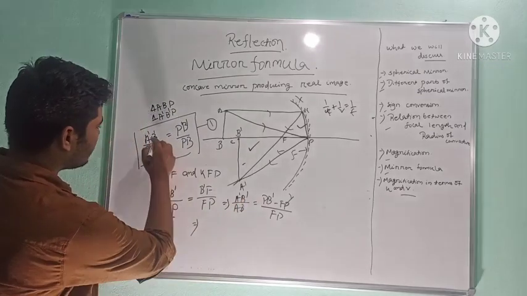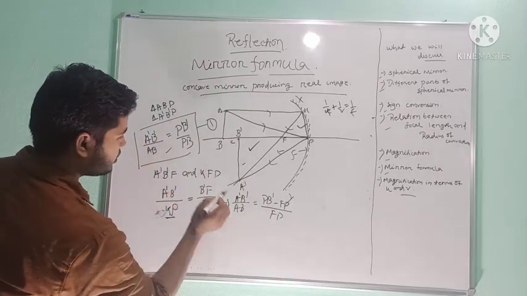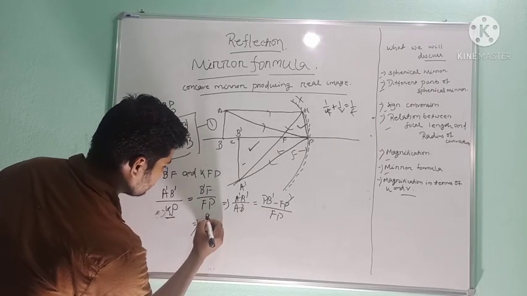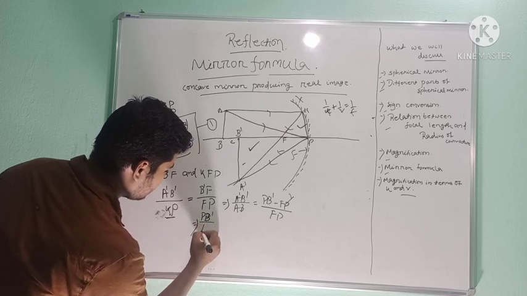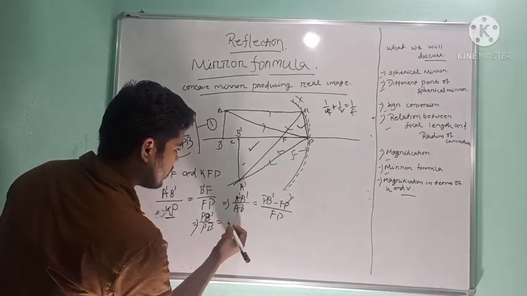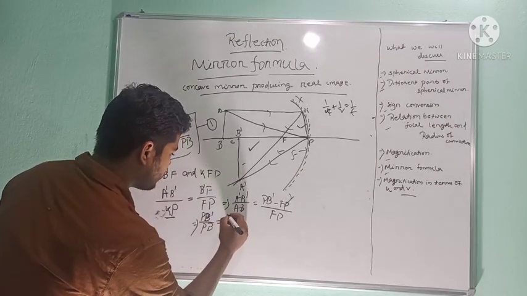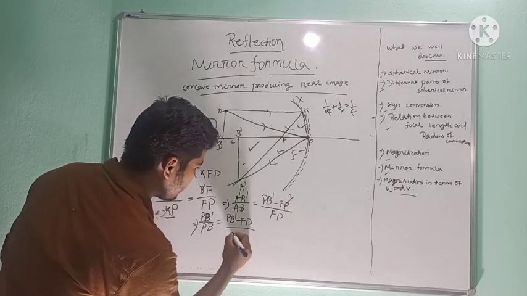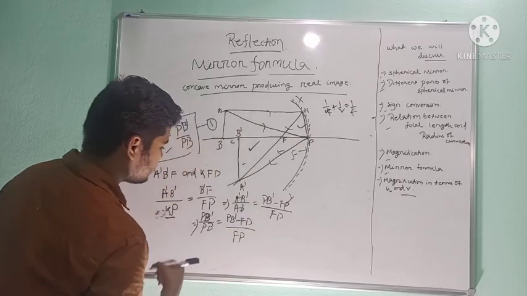We know A dash B dash by AB is equal to PB dash by PB. So PB dash by PB is equal to PB dash minus FP by FP.